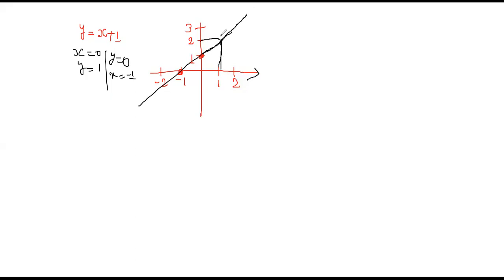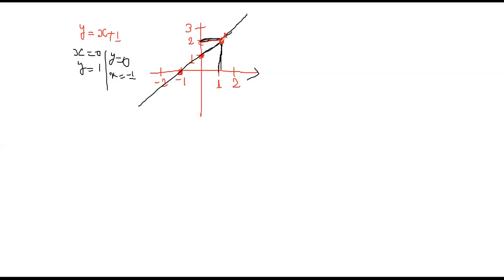And you see that this is 1. Now, you have to find the value of x plus 1 at the point x is equal to 1. If you take x just greater than 1, then it is approximately 2.